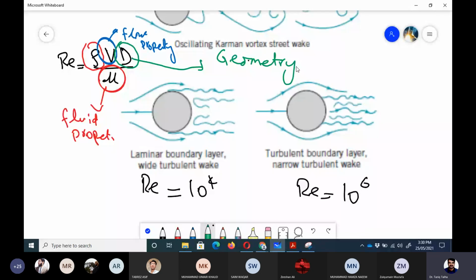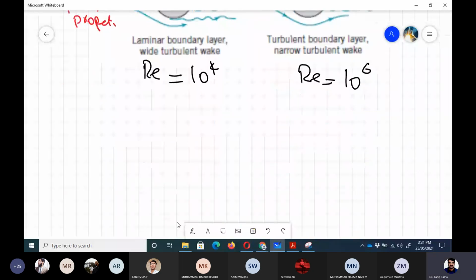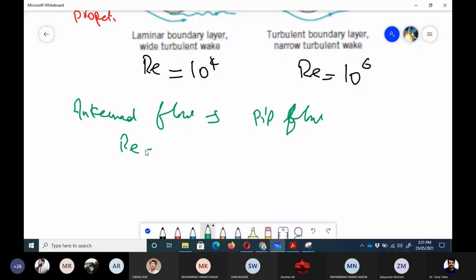If you remember, for internal flows, like pipe flows, the Reynolds number was defined like rho u infinity into the length of the plate divided by viscosity. So we are talking about this length here.